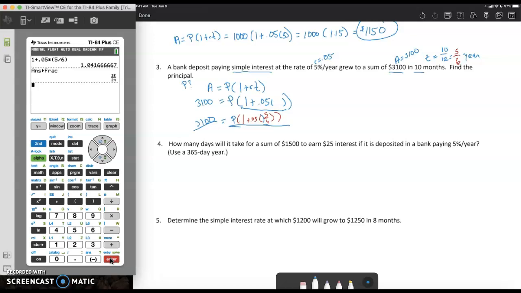So this is 3,100 equals P times 25 over 24. Because now, if I want to divide by 25 over 24, that's the same thing as multiplying by 24 over 25. I can just multiply by the reciprocal.